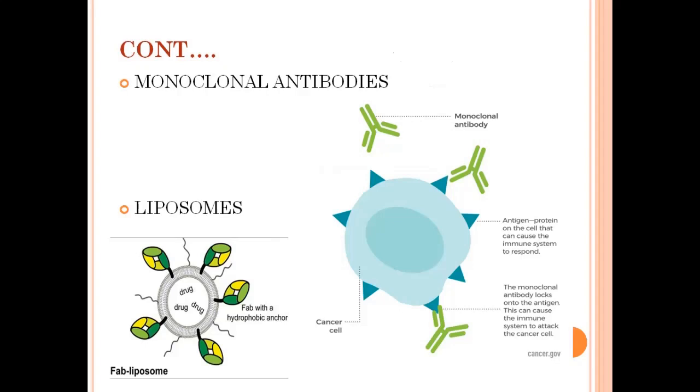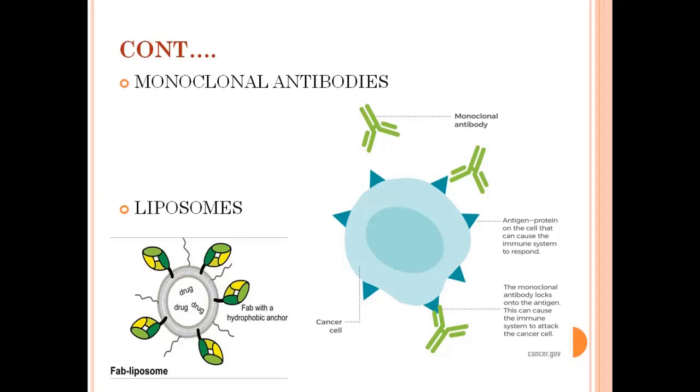Say there is a cancer cell, and this cancer cell will have an antigen, that is a protein on the cell that can cause the immune system to respond. So when the monoclonal antibody locks itself into the antigen, it causes the immune system to attack the cancer cell. So the monoclonal antibodies will help in the destruction of the cancer cells.